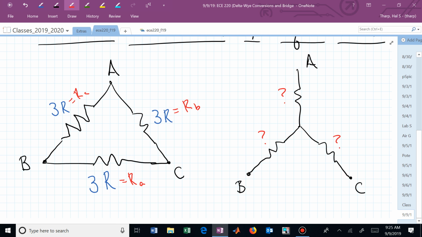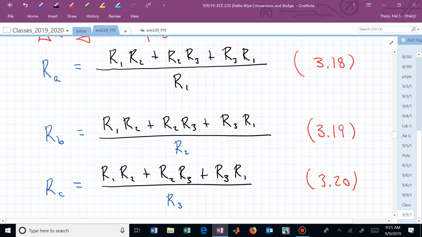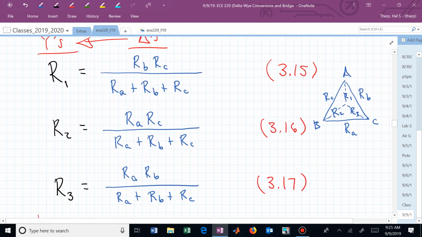But if we now want to find R sub 1, what was that going to be? We want to go from delta to Y. We go back up here, and here's our delta to Y formula. It's the product of the two resistors that R sub 1 touches divided by the sum of all three of those resistors.